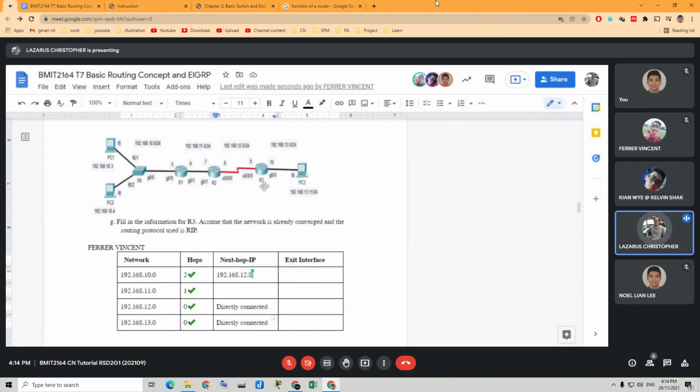So what is the exit interface on R3 to go there? What is the interface name? It's S0/0/0. The word is so small, I thought it was G. It's S, serial.